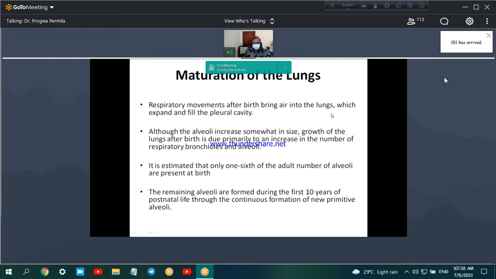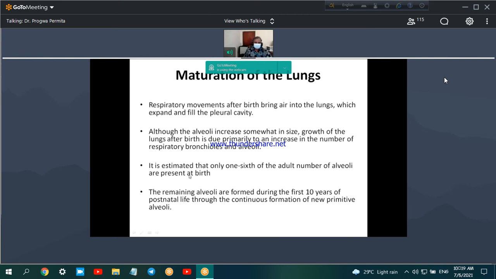Although the alveoli increase somewhat in size, growth of the lungs after birth is primarily due to an increase in the number of respiratory bronchioles and alveoli, not size.